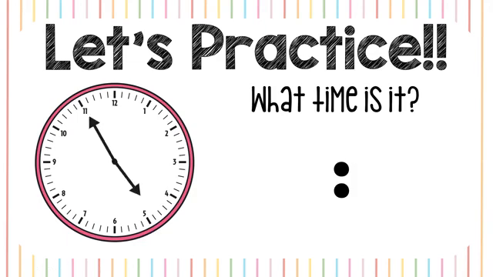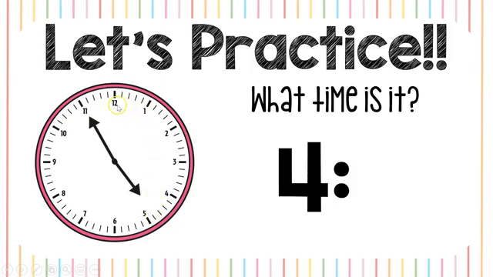Let's practice this one. What time is it? Pause your video and look at the clock to figure out what time it is. All right, let's see. Our hour hand is in between the 4 and the 5. It's really close to the 5, but hasn't quite touched it yet. So I know that the hour is going to be 4.